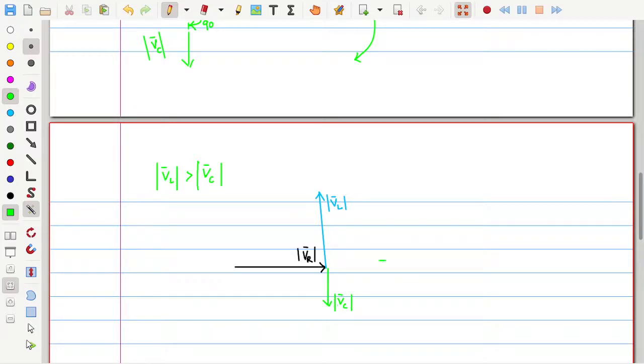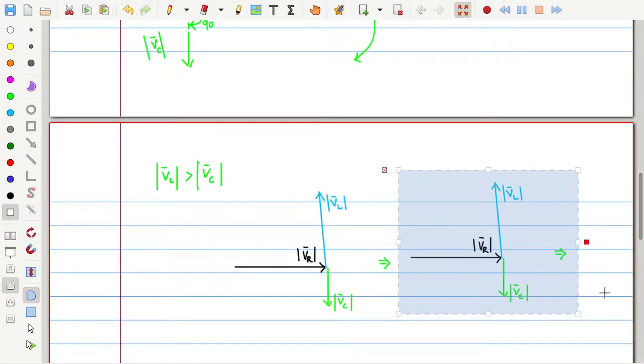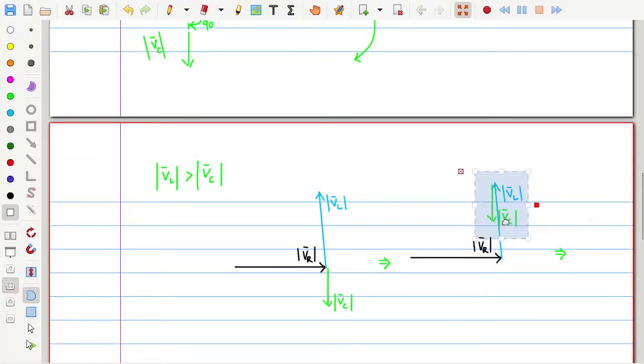Now when I add up VL and VC, let me take one more step beside this. If I add this VC, which is negative, to this VL, then the left out thing is the difference of these two.